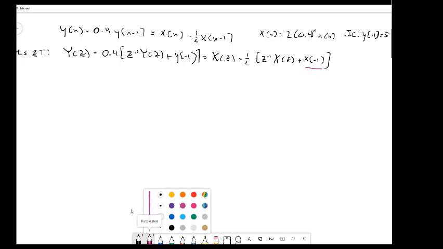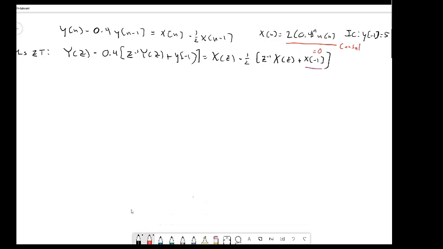Well, not so much of a problem as you may think, because x of n is a causal signal. And so by definition, x of n equals 0 for n less than 0. And so we can actually ignore that term.